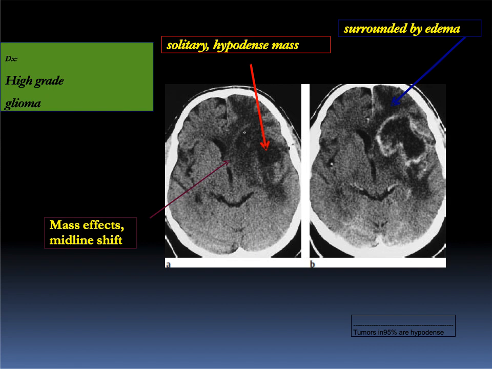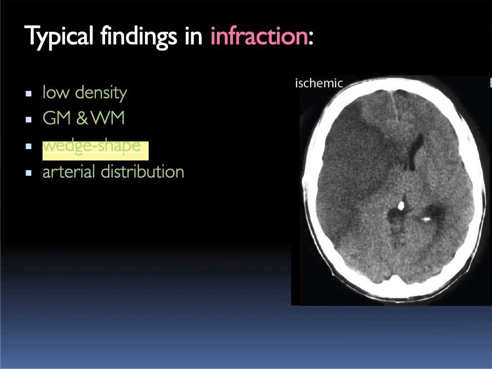Most of the tumors are hypodense, and also lymphoma and meningioma sometimes. Infarction appears dark, hypodense, low density, in gray matter and white matter both. If it's ischemic it's hypodense and wedge shaped.